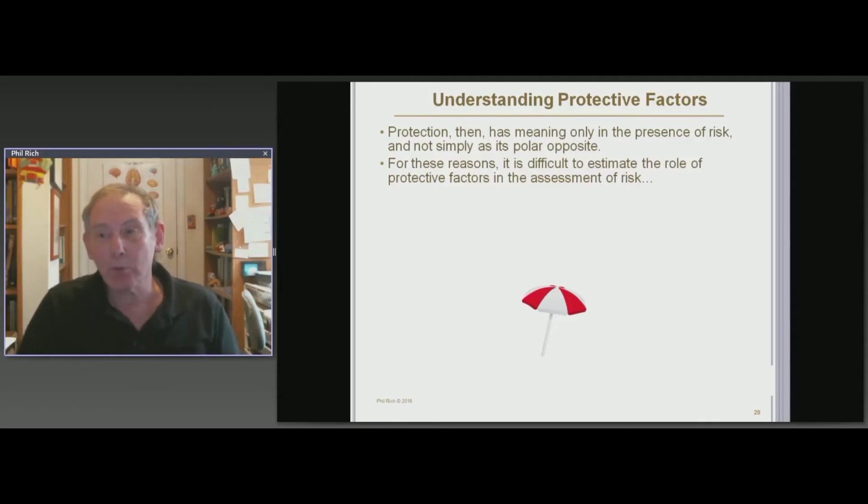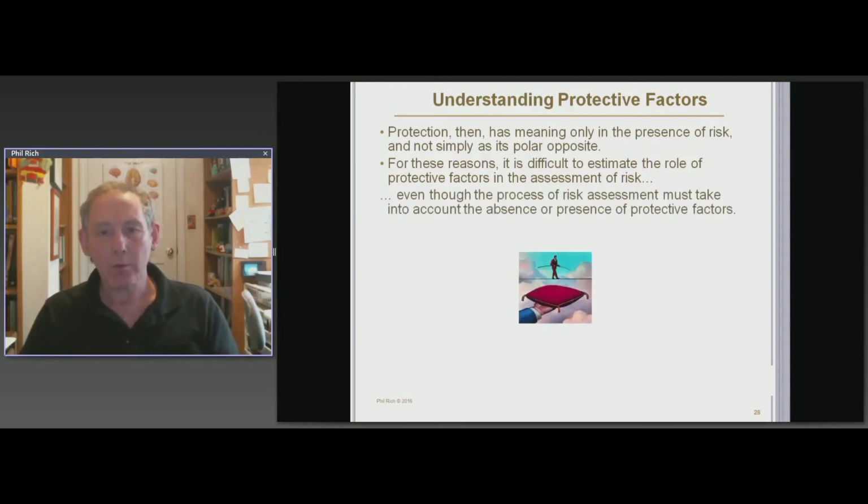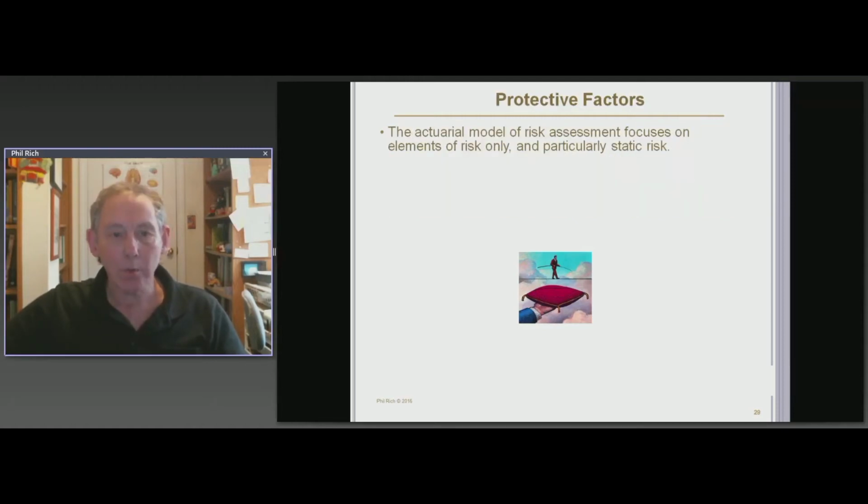If it's a beautiful sunny day, it doesn't really have any value as a protective factor. So protection, not in every case, but for the most part, is an independent kind of feature. It's not simply the opposite end of risk. For that reason, unfortunately, it's hard to fully estimate the role of assessment of protective factors when we assess risk, even though we really need to be doing that and not simply assessing risk alone.